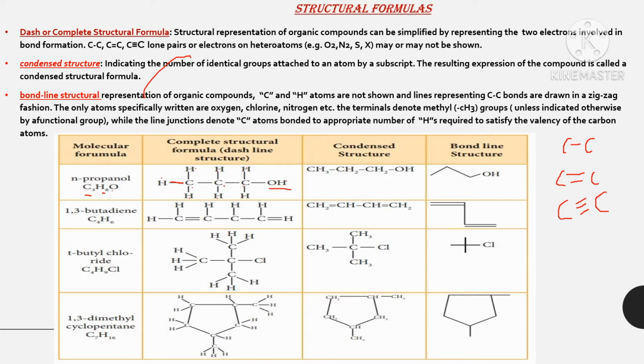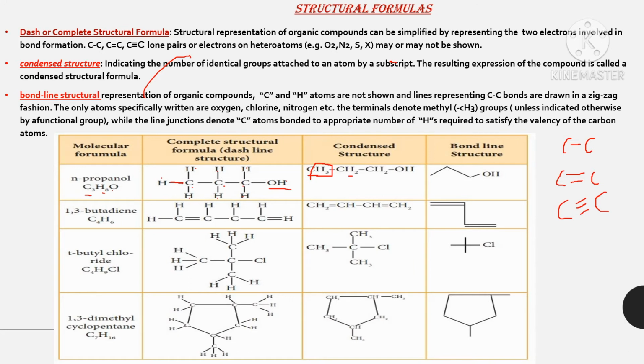This is the structural formula. But in the condensed structural formula, identical atoms are mentioned by a subscript. In the condensed formula, CH3, CH2, CH2, OH. They do not mention the hydrogen atoms separately; they write H3, meaning 3 hydrogen atoms are attached to 1 carbon atom. Here 2 hydrogen atoms are attached to 1 carbon atom.